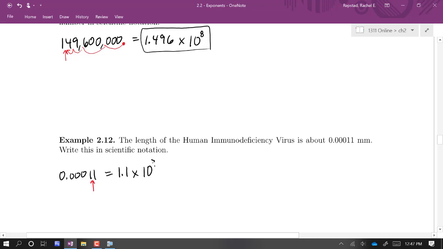That's the next thing I need to do is just figure that out. So I had to move the decimal point 1, 2, 3, 4 spaces to the right. That's going to be a negative exponent. Some people remember whether it's negative or positive exponent based on whether we move the decimal point to the left or to the right. I usually just think about, was this a really big number or a really small number? This was a really small number, so I know it's going to need a negative exponent on the 10.